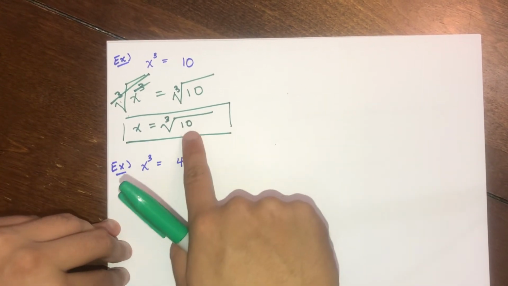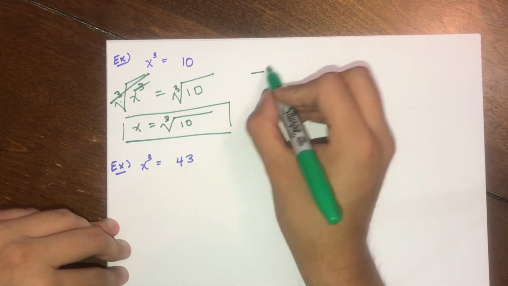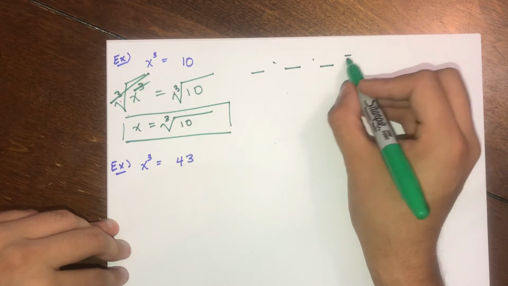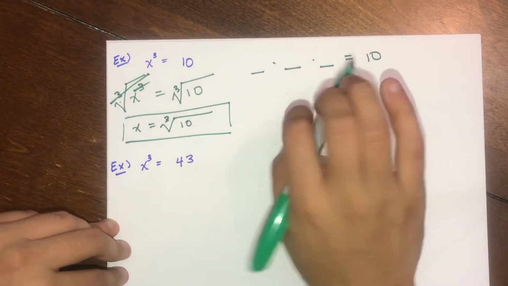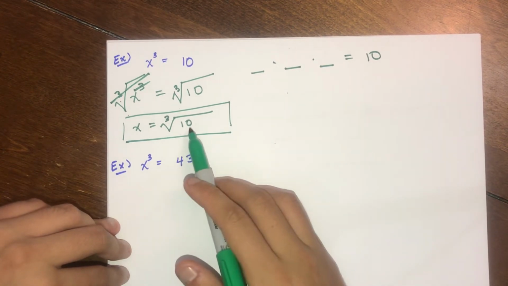And so, for example, this one, you can leave it like this because what this is asking you is what times what times what is 10, but that's going to be some weird decimal, okay? So we won't need to find it. We can just leave it just like this, all right?